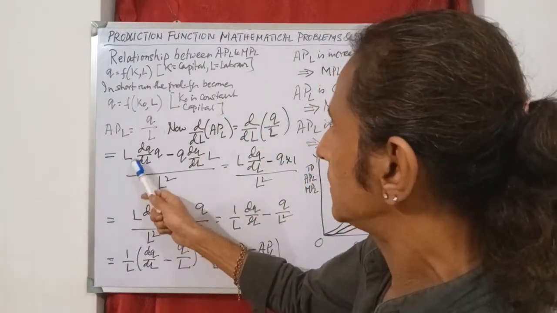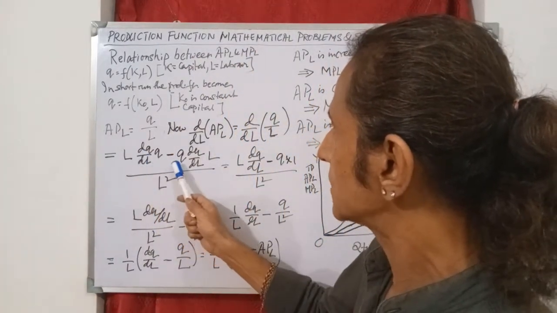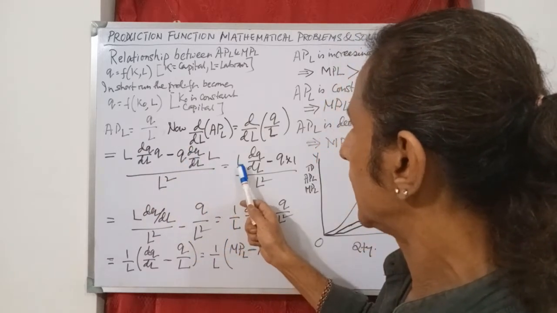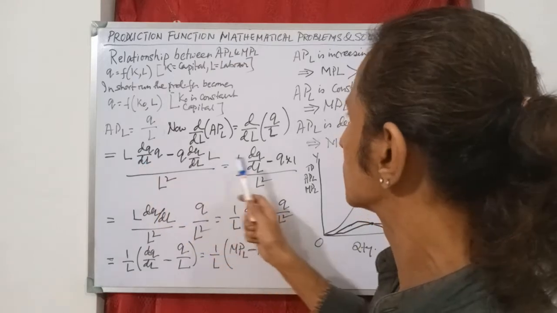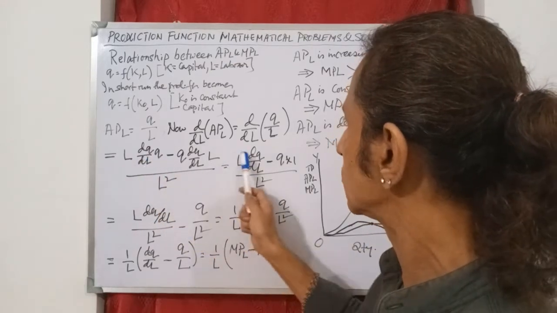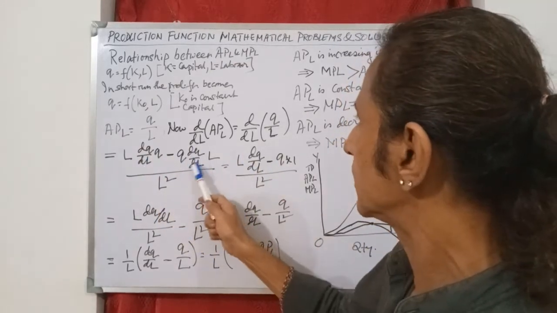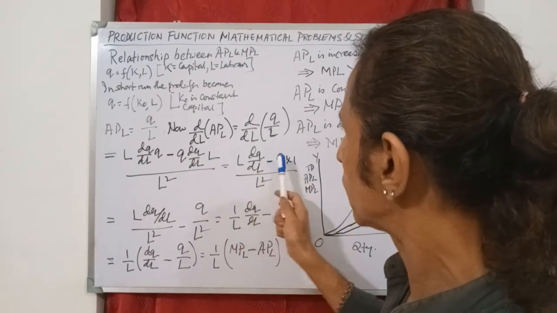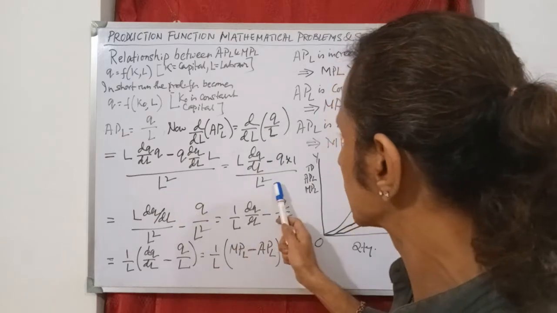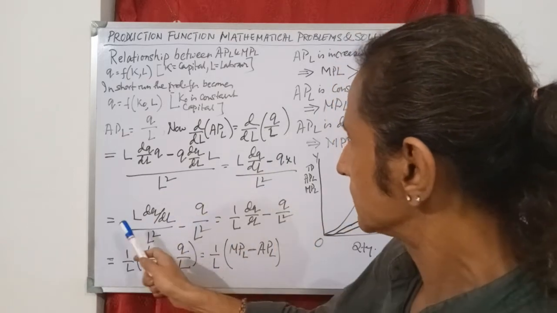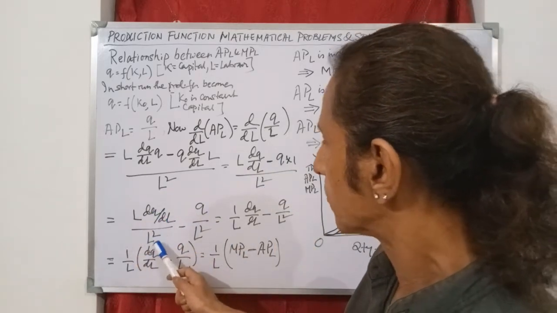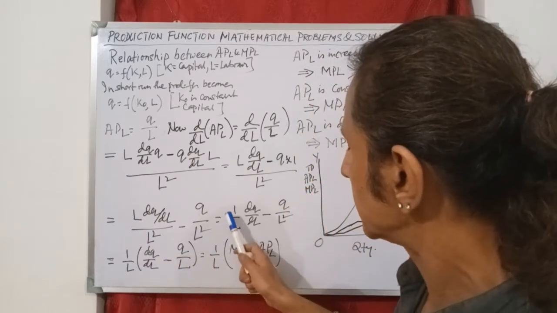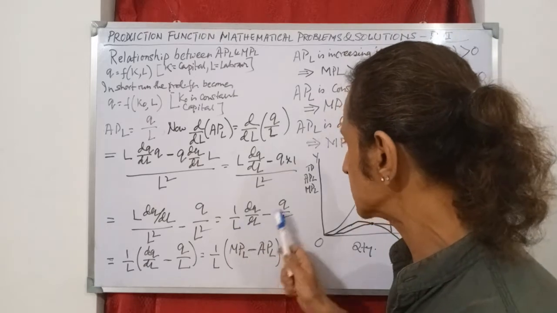So [L dQ/dL minus Q times dL/dL] by L square is equal to L dQ/dL minus Q into 1, since dL/dL of L is 1, divided by L square. So this is L dQ/dL by L square minus Q divided by L square, that is 1/L times dQ/dL minus Q/L square.